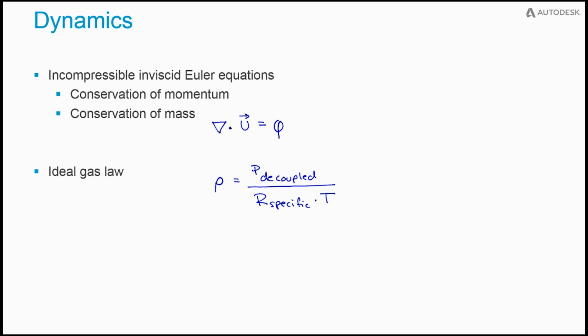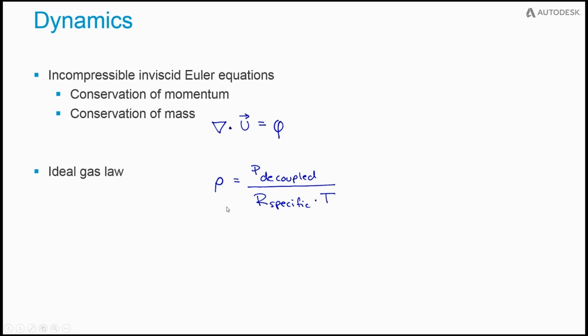Now, fire and combustion is really a complex interplay between thermodynamics on the one hand and then fluid dynamics on the other hand. So the fluid dynamics is represented by the inviscid Euler equations, and to couple the thermodynamics and the fluid dynamics we use an equation of state, in our case the ideal gas law.